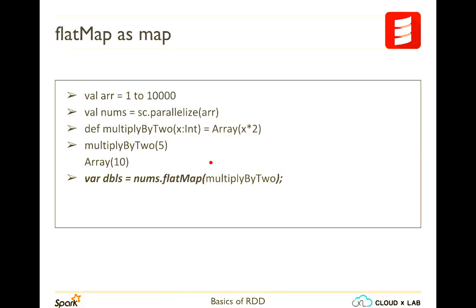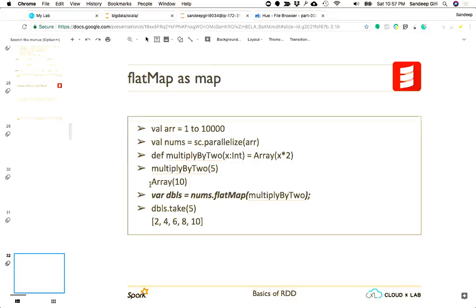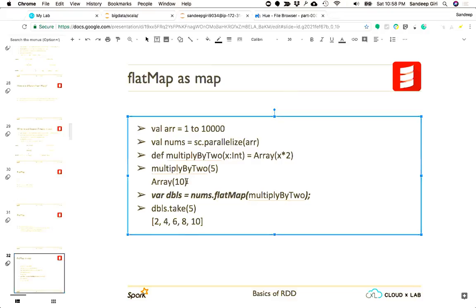So here, this is behaving like your usual map. So using flatMap, you could do that. If you are copy pasting this, don't copy paste these lines because they represent the output. So let's execute this.